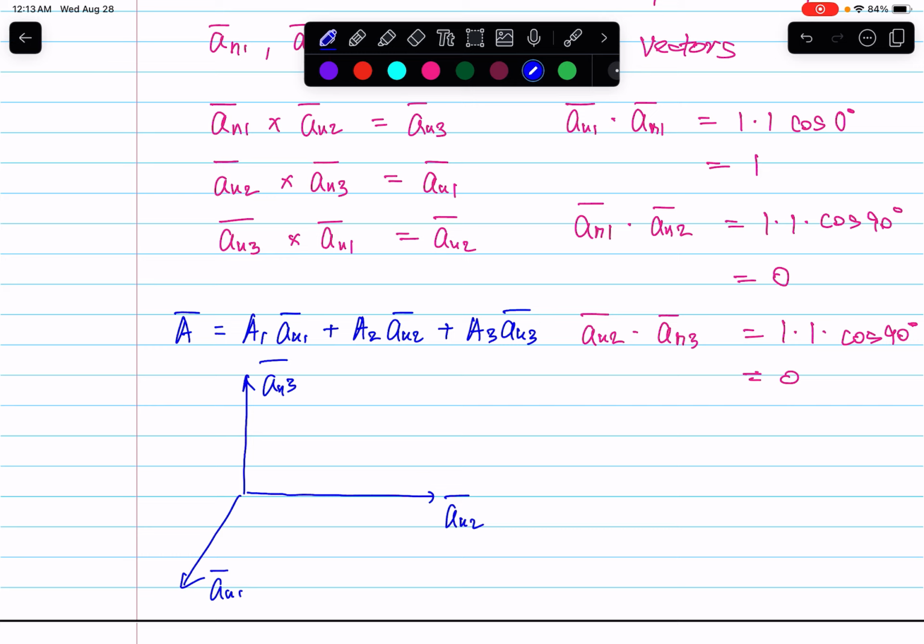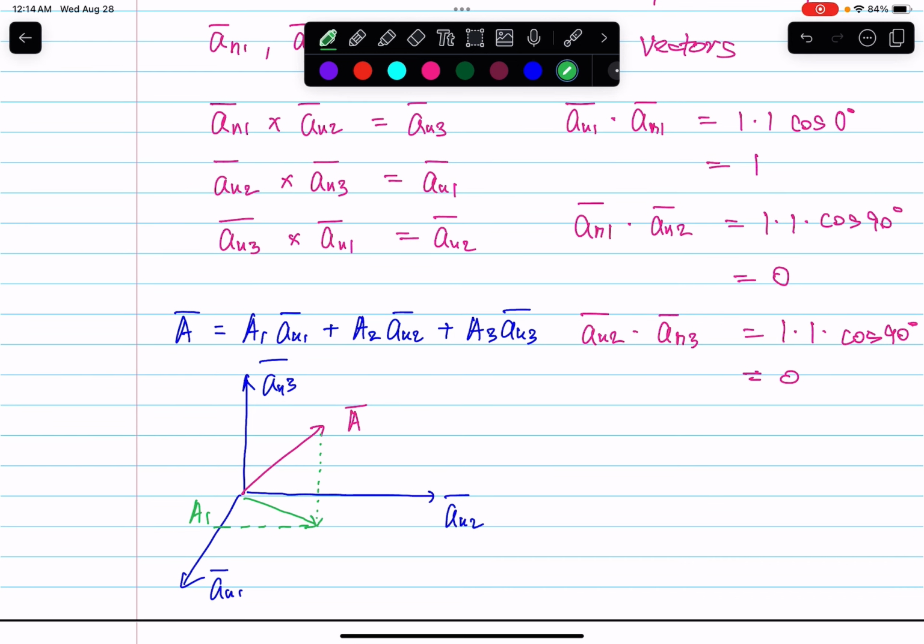In that case, the resulting vector A can be something like this, where you have the AN1 direction in the amount of A1 and AN2 direction in the amount of A2, and then the third, that direction, AN3 direction, being A3.